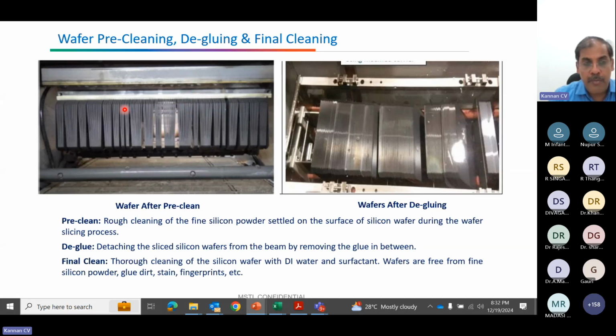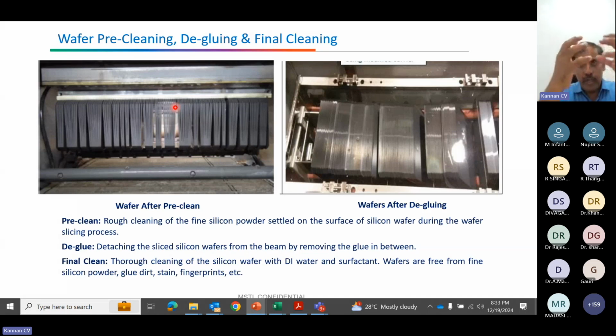First of all, the brick was fixed with the glass plate through adhesive. After the wire cutting up to here, once it touches the glass plate, the process will stop, but still the wafers, the cut pieces, are held by that adhesive. Once you take it out after completing the process, you put it in hot water, and automatically the adhesive which is holding the entire cut wafers will become softened.